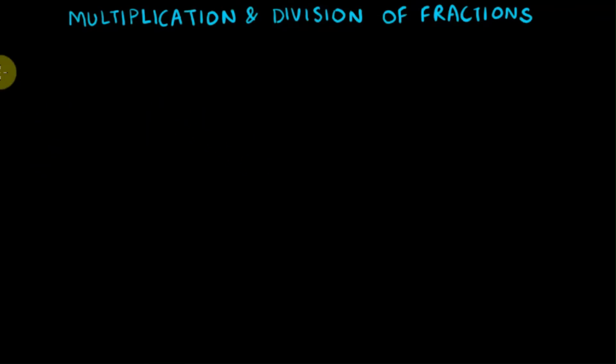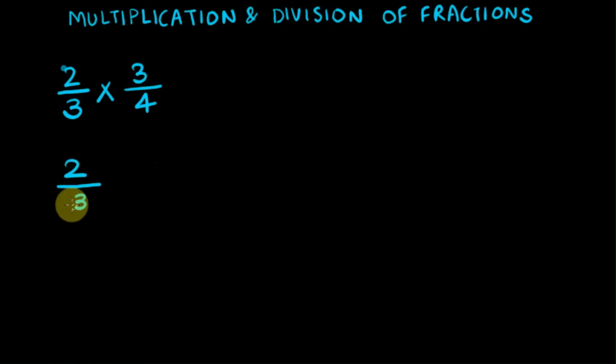If I have two fractions and I have to multiply them, let's say the fractions are 2 upon 3 and 3 upon 4, how will I multiply them? What I have to look at is diagonally.